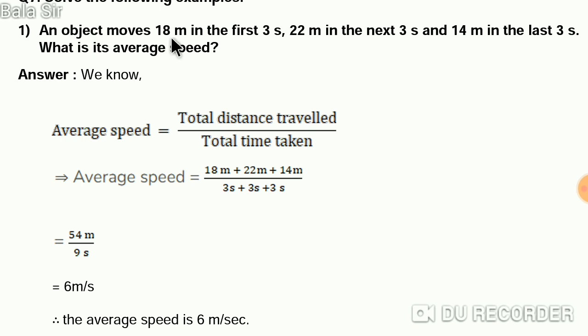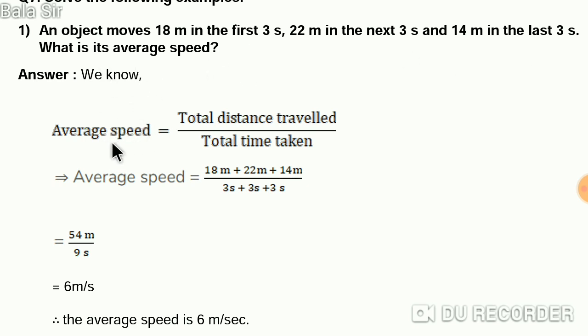Meter means it is a distance, second means time, so here distance is given for some particular time. 18 meter for 3 seconds, again 22 meter for the next 3 seconds, again 14 meter for the last 3 seconds. Distance is given three times and time is also given. So we want to find the average speed.